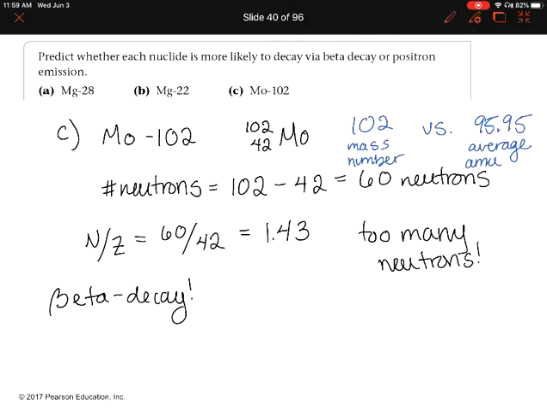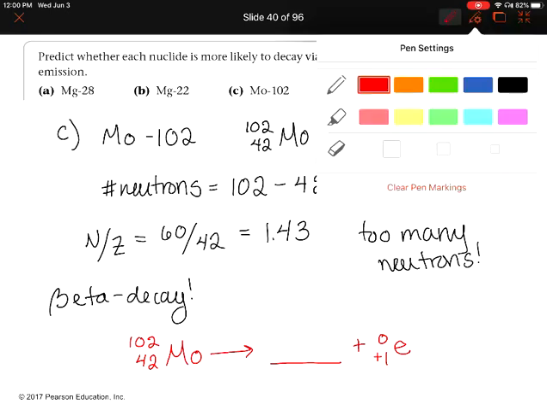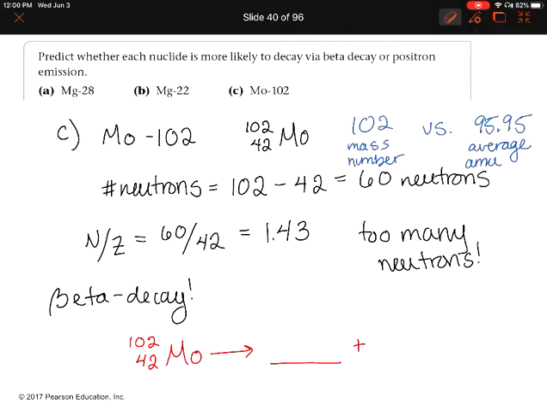Okay, so let's see what that looks like for this isotope of molybdenum. Molybdenum 102 is our parent nuclide, and we don't know what the daughter nuclide is, but we do know that it's emitting a beta particle. It's time for this quarter to end, isn't it? So beta decay, it's a negative particle.